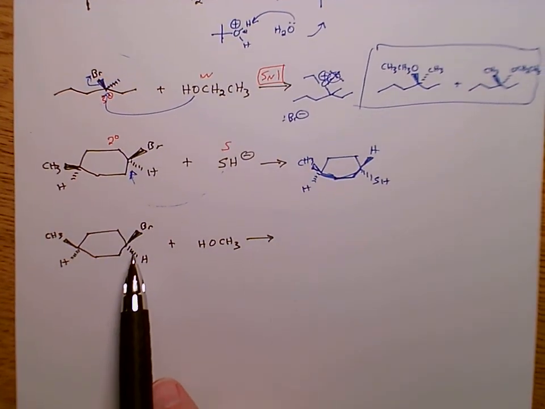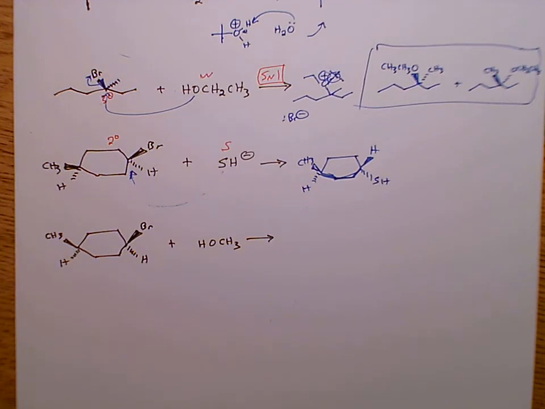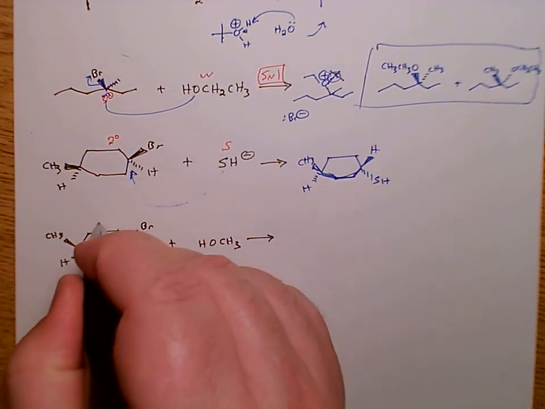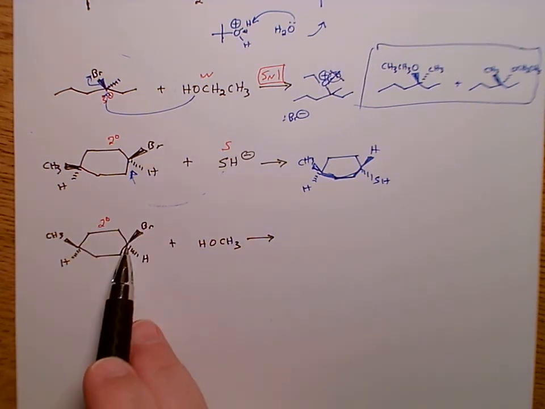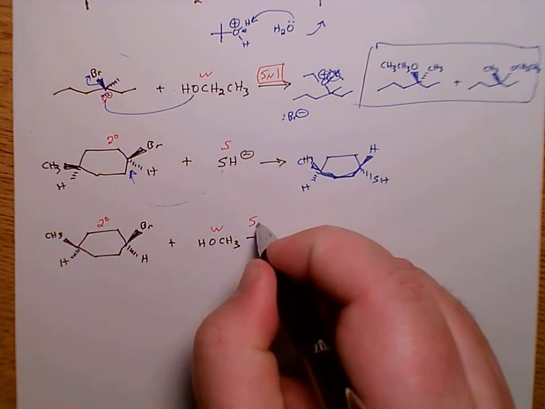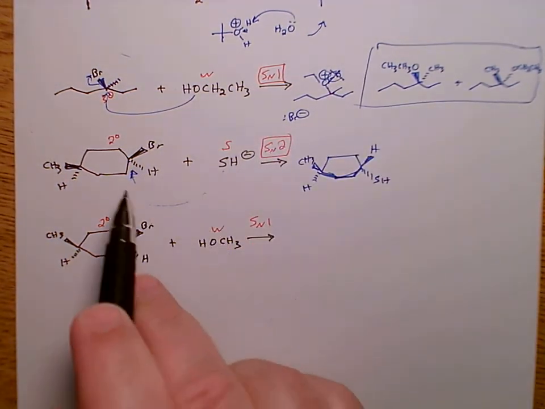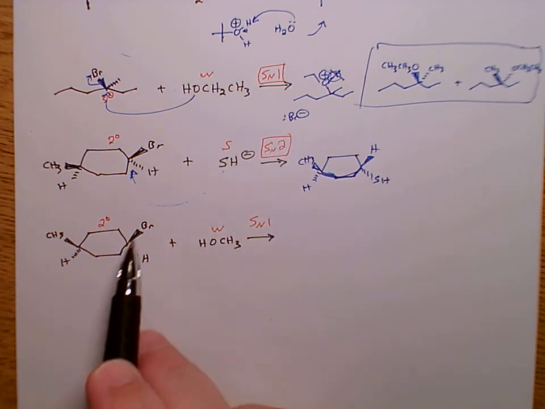What if we had the same starting material and had HOCH3 here? Okay. Good leaving group. Secondary alkyl halide. Weak nucleophile means SN1. Note up here, this was the SN2 mechanism. Secondary strong, SN2.